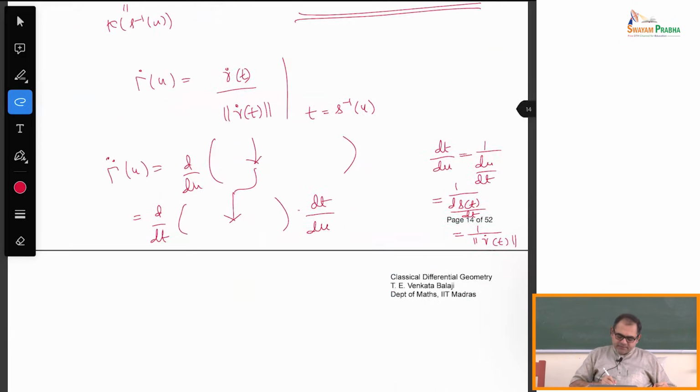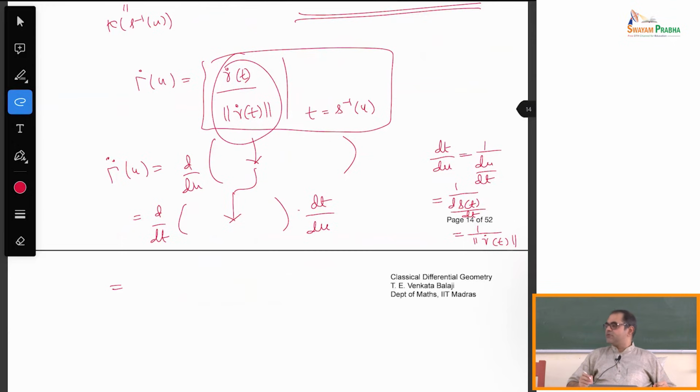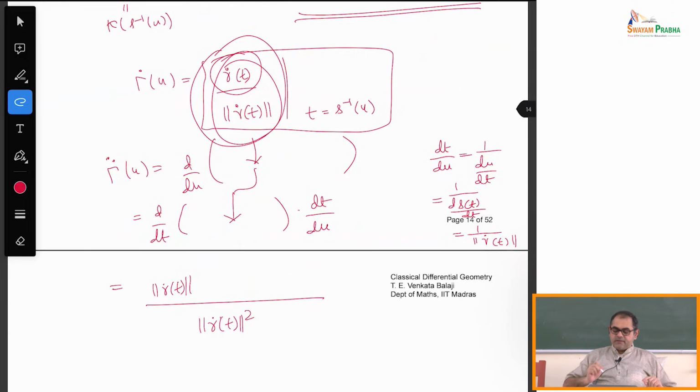So the moral of the story is that I have to apply d by dt to this expression here. Essentially I have to use the quotient rule. So what I will get is, in the denominator, norm gamma dot of t squared, and then I have to differentiate gamma dot t. Mind you, when you are differentiating this quantity, the numerator is a vector and the denominator is a scalar.